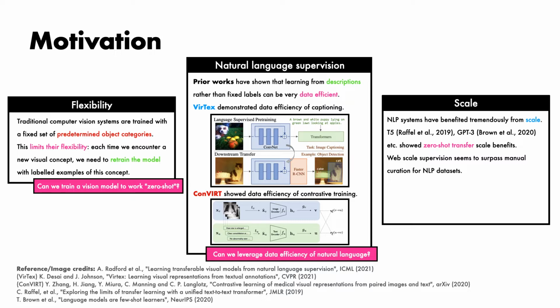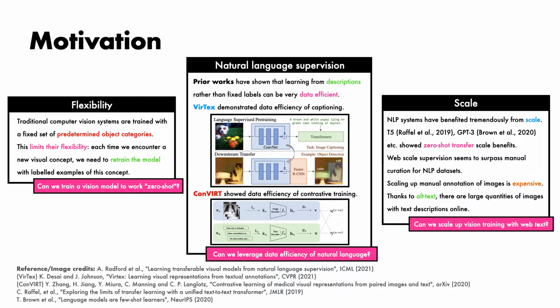To scale up image training, one option would be to scale up manual annotation of images, but this would be prohibitively costly. However, thanks to alternative text or alt text descriptions in HTML, there are large quantities of images with text descriptions online. Given this, it's reasonable to ask, can we scale up vision training by using web text rather than manual category labels?